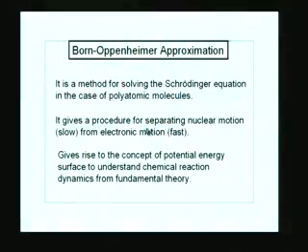Now, in the case of molecules, it is important to recognize that there are many nuclei, there are many electrons, and the nuclei move with a certain amount of kinetic energy.